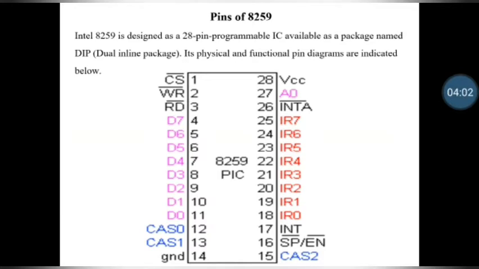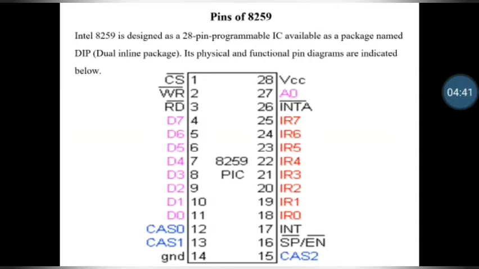We have already discussed that there are 8 interrupt request lines, from IR0 to IR7, and all these interrupt request lines are used to carry the interrupt. But if your 8259 PIC requires more interrupts than 8, then the 8259 will go to cascade mode.